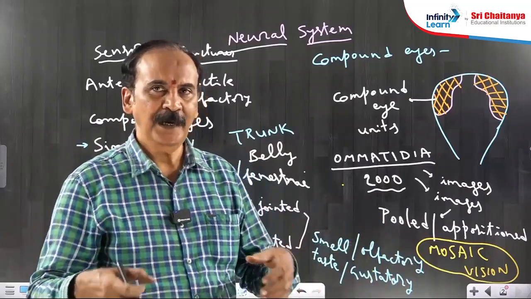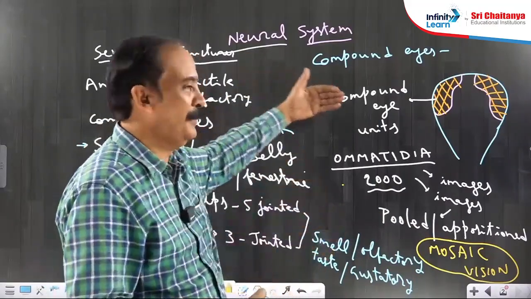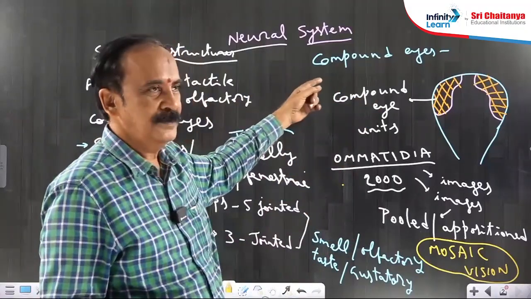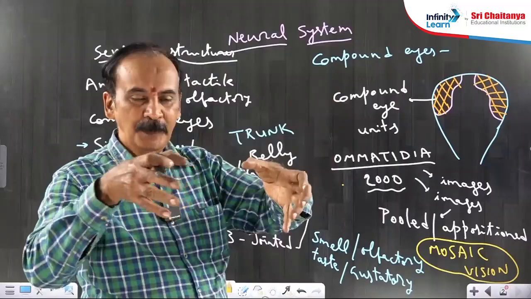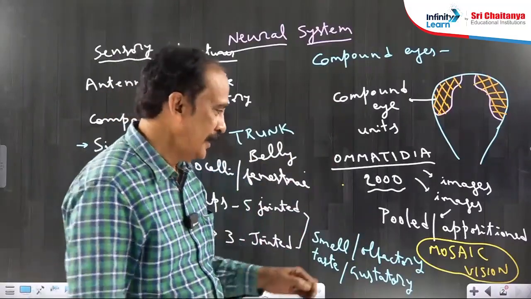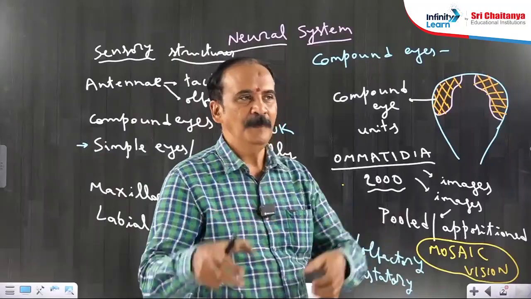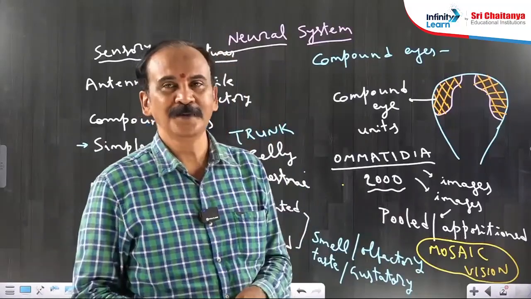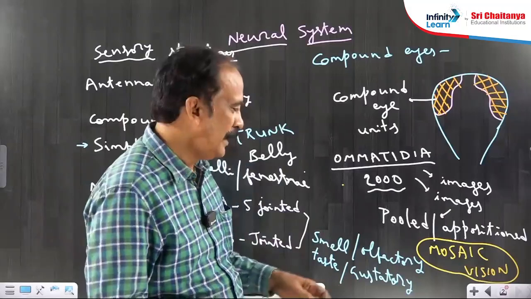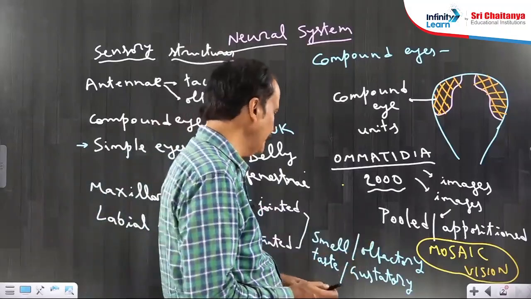In the same way, the brain gets all images brought by the optic nerves, and they are placed side by side to give the total image. Such images formed bit by bit are called mosaic. So cockroach has a vision called mosaic vision.